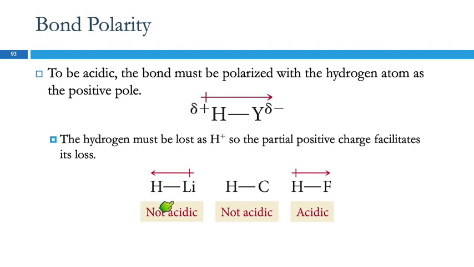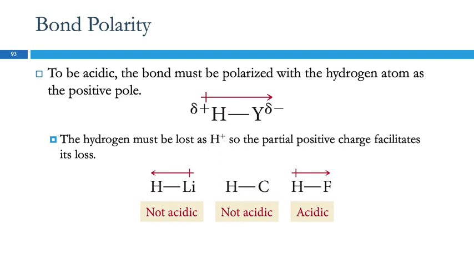So if we look at HLi, here lithium is less electronegative than hydrogen, and so this bond polarity is backwards. The hydrogen is the more negative end of the bond, and lithium is more positive. So this will not be acidic. Could it lose a hydrogen? Sure, but it's not going to lose H+.